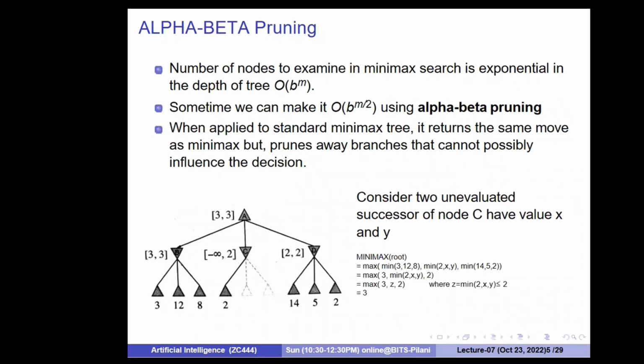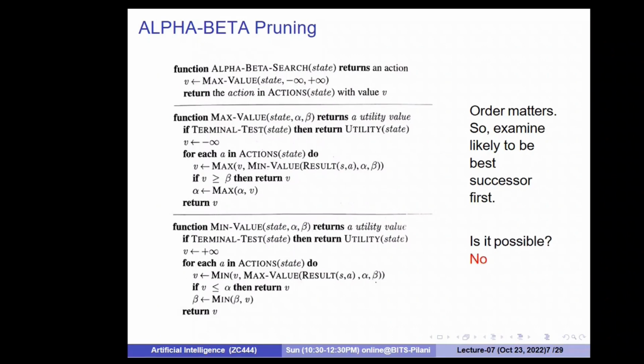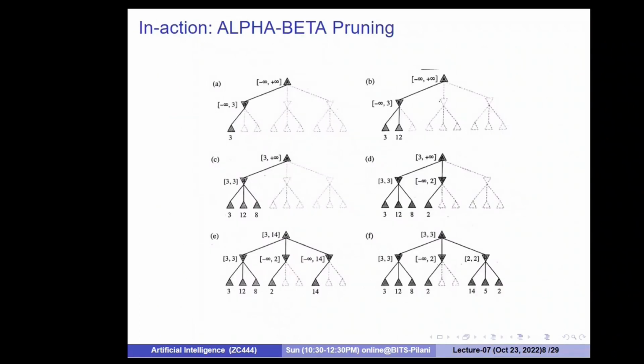Okay, so we have already seen this, called alpha beta pruning. You are going to maintain the values of two parameters, alpha and beta. Initially, alpha is the profit you can get, and beta is what the other person can give you. Let's assume minus infinity, no profit I have.